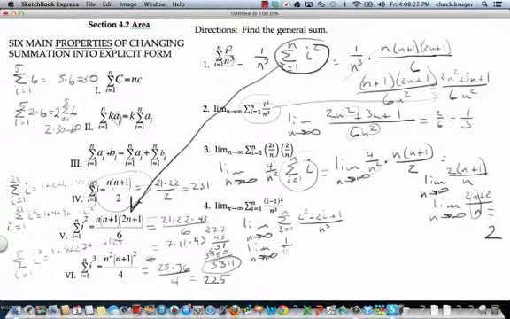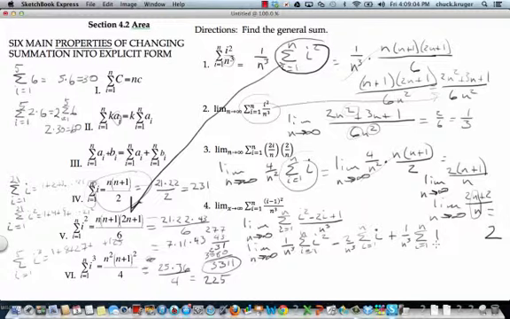I'm going to have 1 over n cubed, and my summation here is i equals 1 to n of i squared. And I'm going to have minus 2 over n cubed of the summation of i equals 1 to n of i, plus 1 over n cubed times the summation of i equals 1 to n of 1.